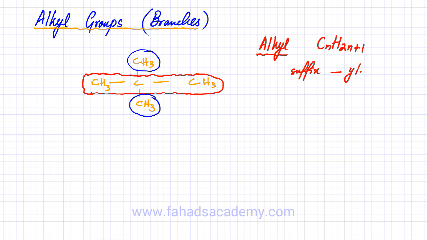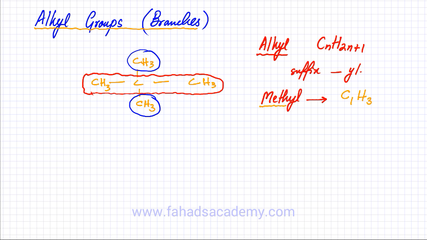So for example, if we have a methyl branch or a methyl group, that means it's an alkyl group. And meth means that there are how many carbon atoms? Meth means that there is a total of 1 carbon atom. So it would be C1, and H would be 1 into 2 plus 1, which is going to be 3.